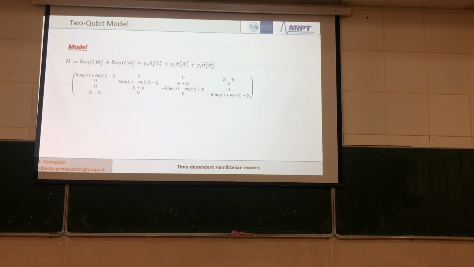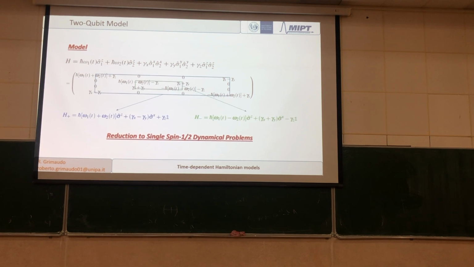Why? Because it makes it easy to see the existence of two subdynamics. We see the external blue one and the internal green one. These are two subdynamics related to the existence of two invariant Hilbert subspaces. These two subspaces are two-dimensional.